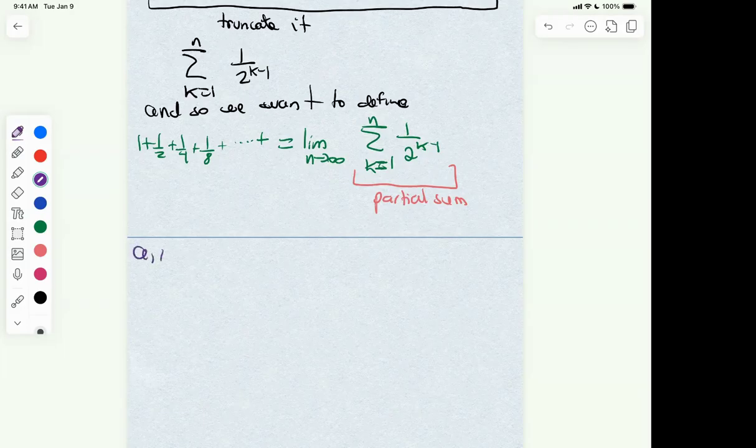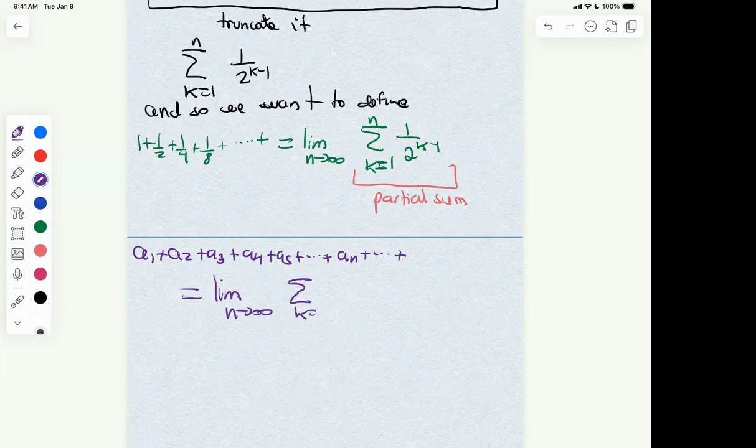The idea is that you want to say that a1 plus a2 plus a3 plus a4 plus a5 dot dot dot plus an dot dot dot, the series of all these elements, is the limit as n goes to infinity of the sum from k equals 1 up to n of a sub k. So this is how you want to think about a series, which eventually will be written down as a shorthand notation, just like this.